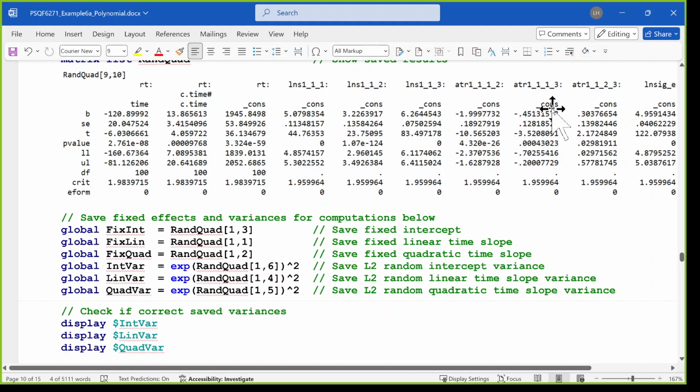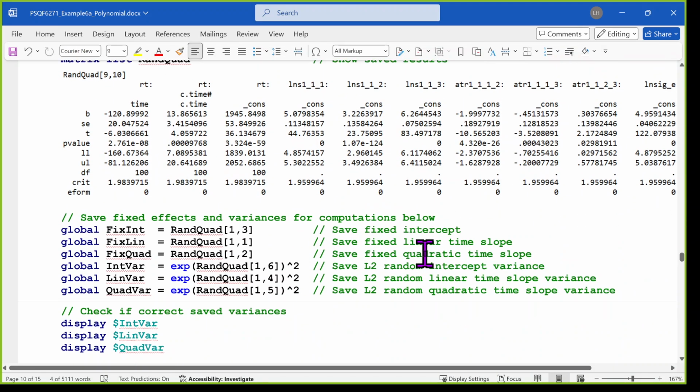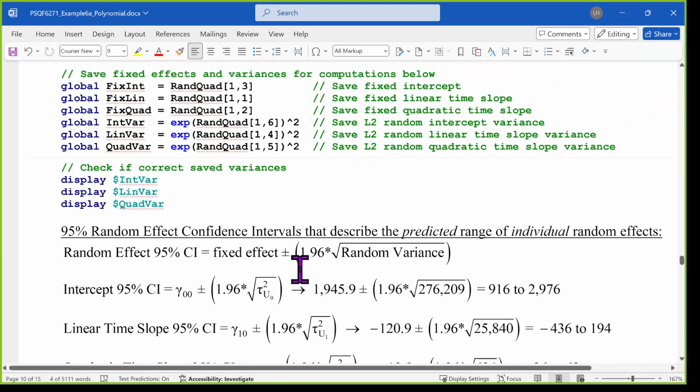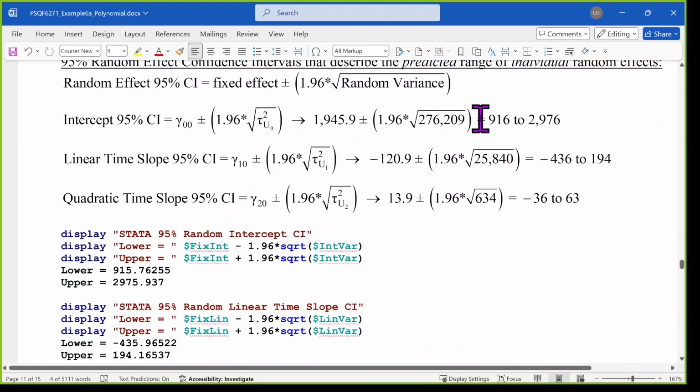So I had to find the stuff in the output first and then save the 3 fixed effects. So those are listed in the first 3 spots. Then we get into all the variances and covariances. I had to turn the numbers up here into variances. So what you get by default is the log of the standard deviation. I checked to make sure those were mapped correctly, and indeed they were. And then here are the confidence intervals that the code below is computing.